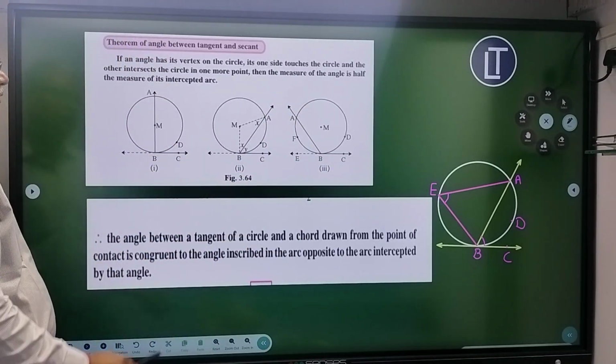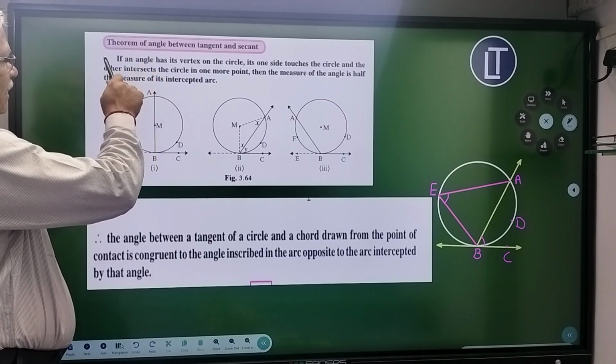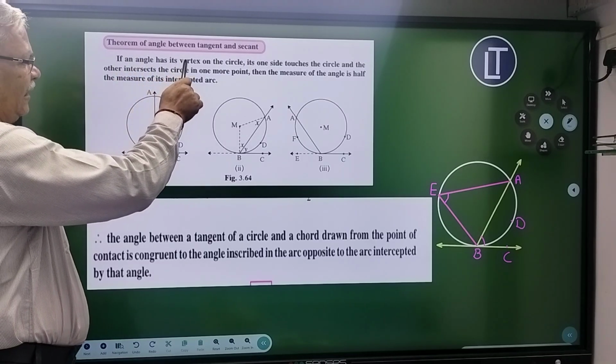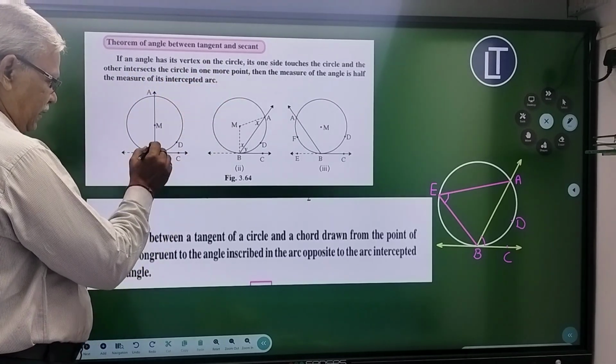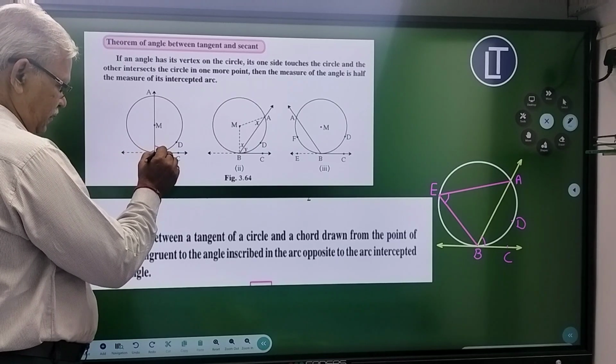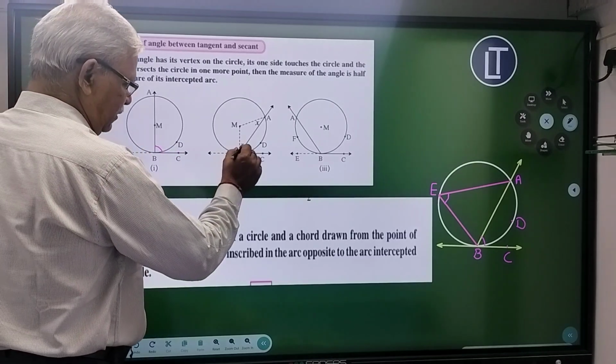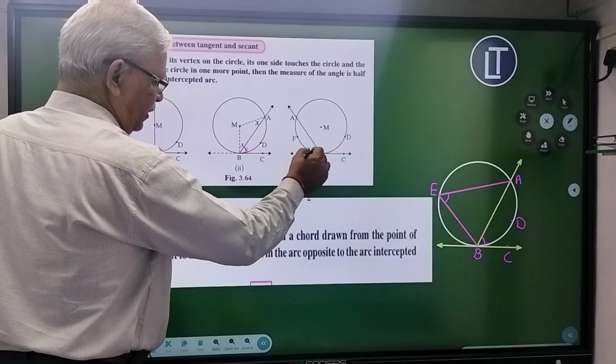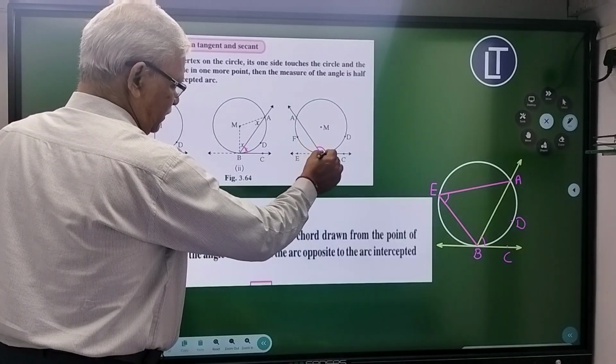Okay? Now see here, given: if an angle has its vertex on the circle, here if you see, this is the angle on the circle.